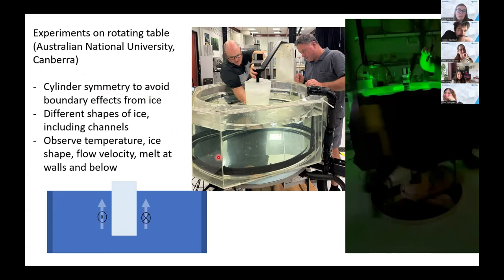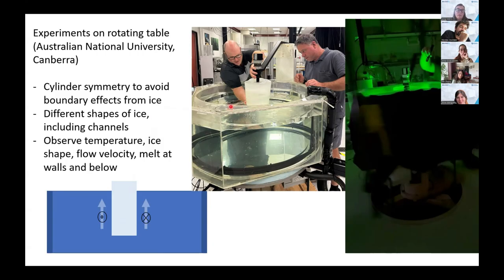And then we thought a little bit about how to do this. To do it on the rotating table, if you have just normal straight fractures, you will have boundaries that steer the flow, like edges and walls. So in order to look really at what goes on at the vertical wall, we want a cylinder symmetric system, and then you will not have a boundary at the other end, and then we can just look at what goes up near the wall.